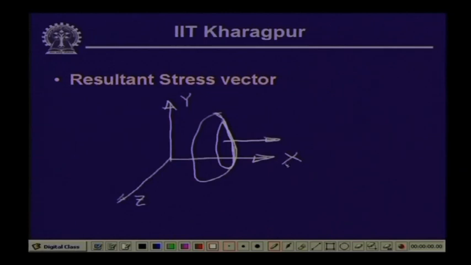As we had defined last time, for any plane, when we draw the normal to that plane, and if that normal coincides with any of these axes, we designate that plane with the name of that axis. For example, here we have cut this body through a plane which is parallel to the yz plane. So, if we draw the normal onto this section, this normal is going to be parallel to the x axis, and thereby we designate this plane as the x plane.